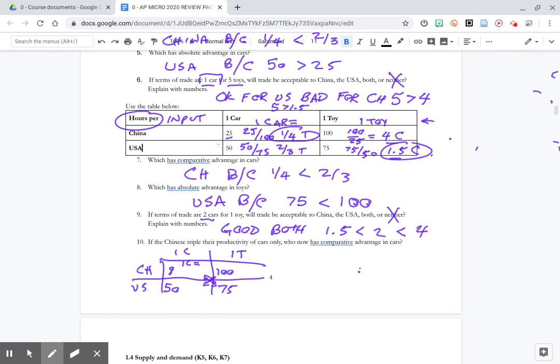Boy, that's a terrible, terrible problem. I should have made it a lot easier. That's 1/25th. And then 1 car for these, the inside number is still 50 over 75, so that's still 2/3. So obviously the Chinese still have it in cars, and that's because 1/25th is smaller than 2/3.